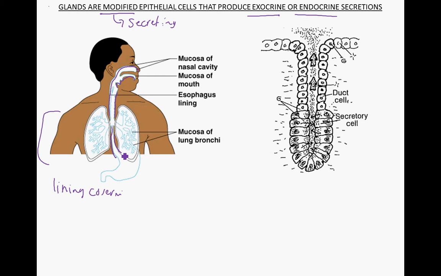That lining is an epithelium, and it's continuous with the outside world. The outside covering would be the cutaneous membrane. So there's this interface between the outside covering, the cutaneous membrane, and then that folds in and becomes the mucous membrane.